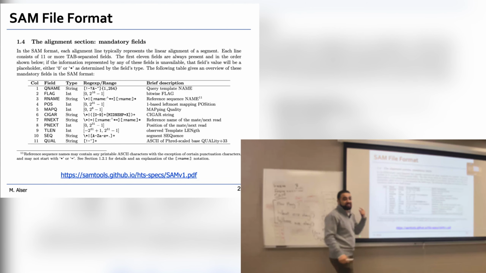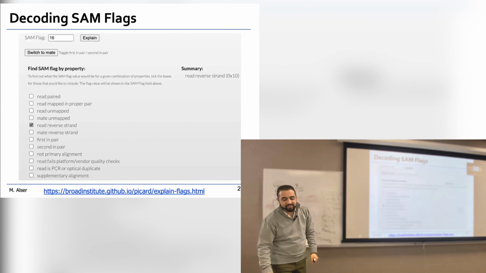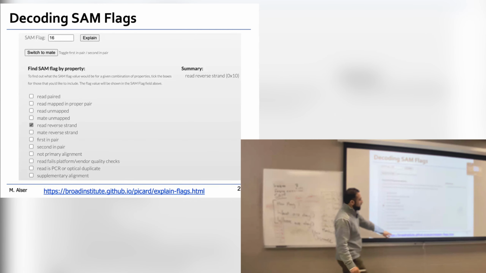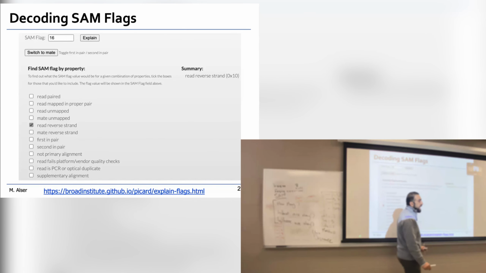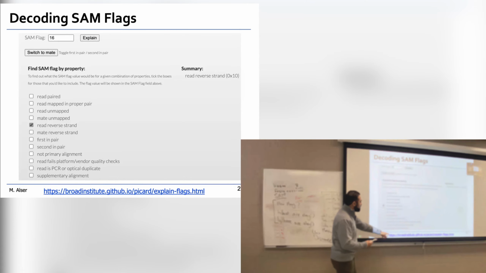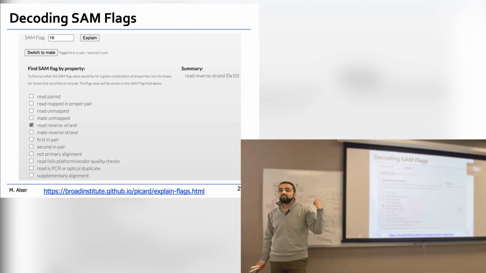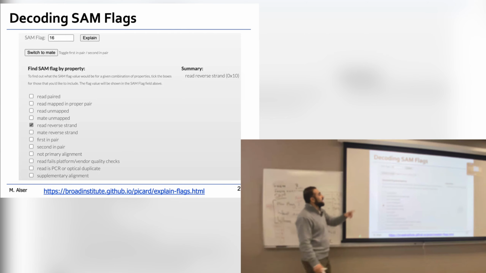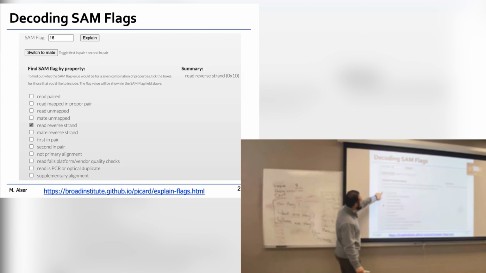It's really hard to memorize. So what I normally do, there is a website called Explain Flags. You go to this website, insert the integer number over there, and ask the website to explain it to you. It will tell you, based on the binary format, which flag is 1, meaning activated. It will have some of those marked.